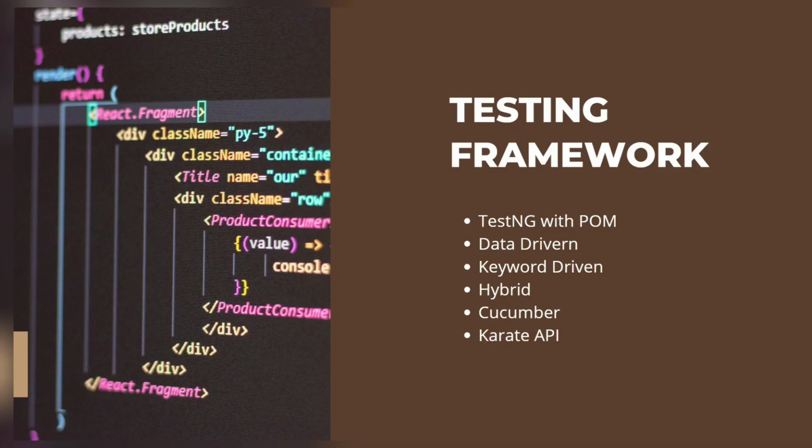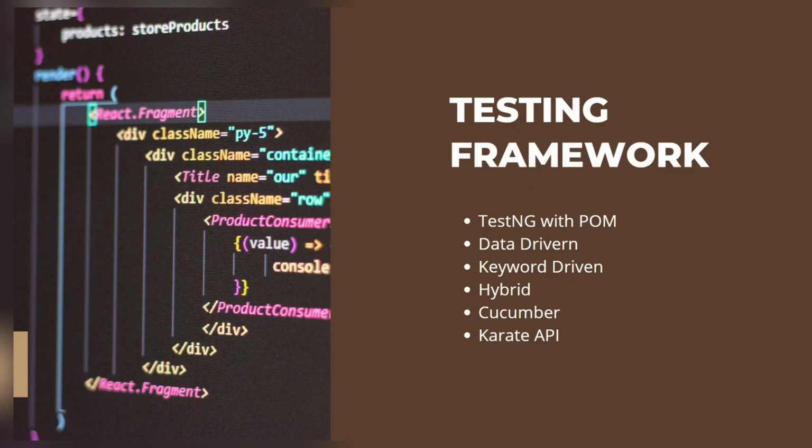Then there are different frameworks available like data driven, keyword driven, or hybrid. So what is data driven? You are fetching the data maybe from Excel, from a JSON file, or from your database, and you are using that for test case execution. Keyword driven is now outdated technology. I will say not many people are right now using keyword driven.